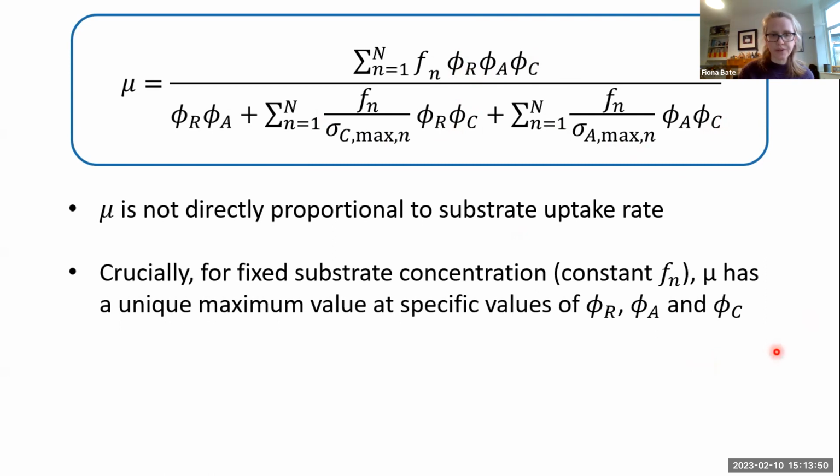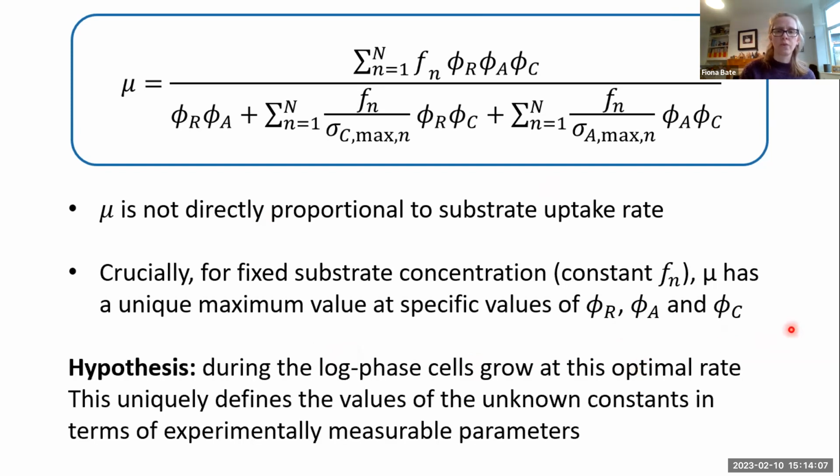Another crucial point is that when you have a fixed substrate concentration, the form of this equation means that there's a unique maximum value of the growth rate at specific values of the mass fractions. We hypothesize that during the log phase, cells will grow at this optimal growth rate.